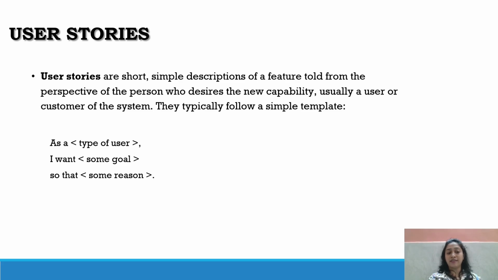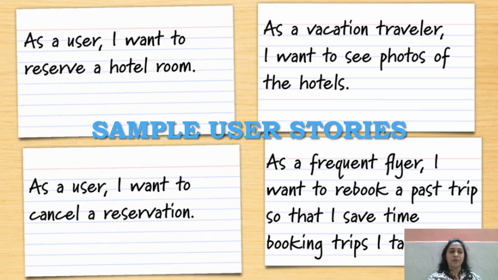So the template is: as a type of user, I want this goal so that some reason. Okay, this is the template. So you can see here, as a user, I want to reserve a hotel room. As a vacation traveler, I want to see photos of the hotels.